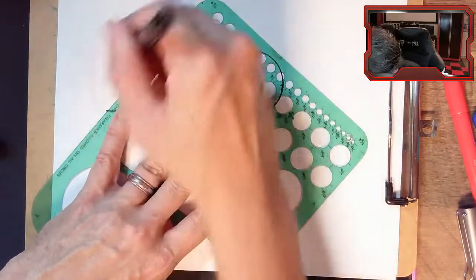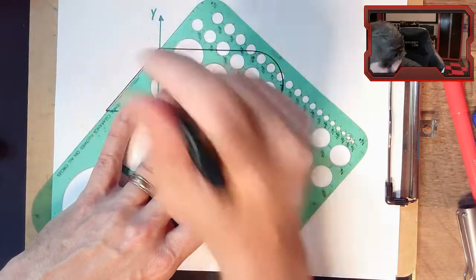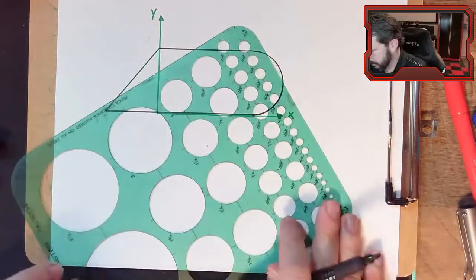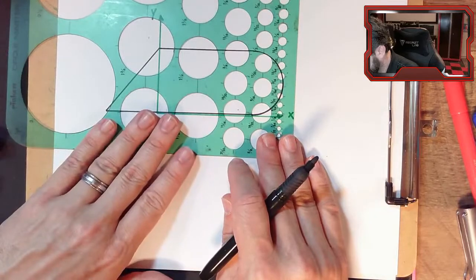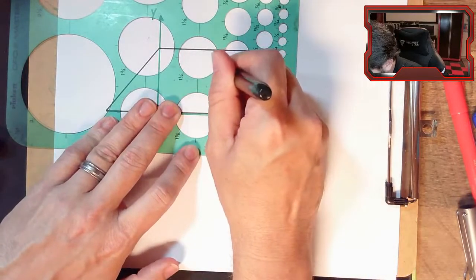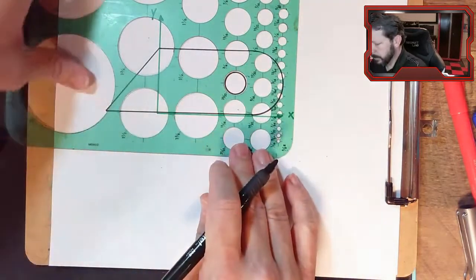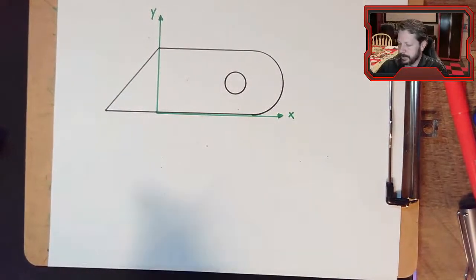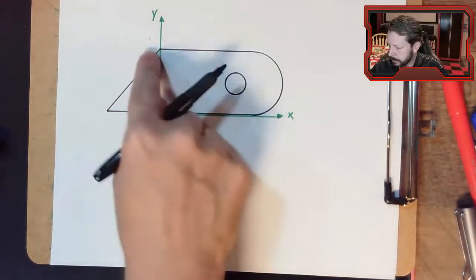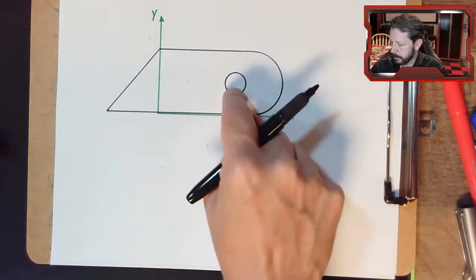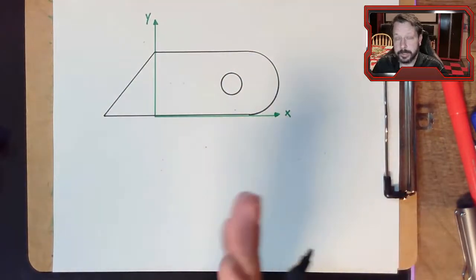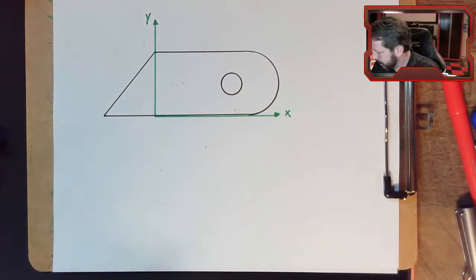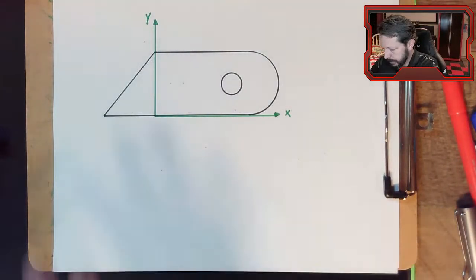So I'm going to put a triangle on this end. And then we're going to punch a hole in the middle of this thing somewhere over here. All right, so there's our generic shape. It's got a triangle, a rectangle, a semicircle, and a circle, with the circle being a punched out hole in the thing. So we need to get some dimensions on here so that we can define it better.